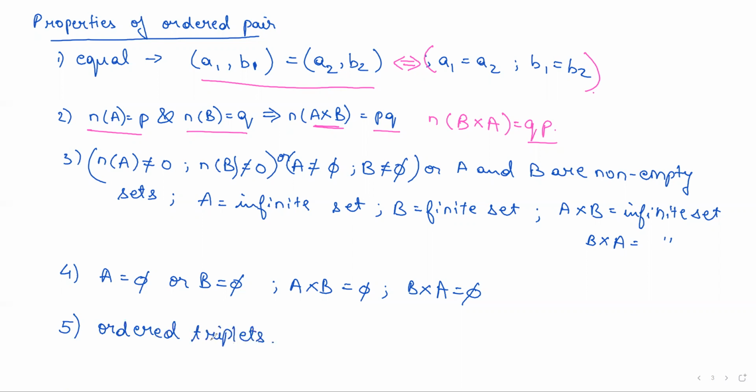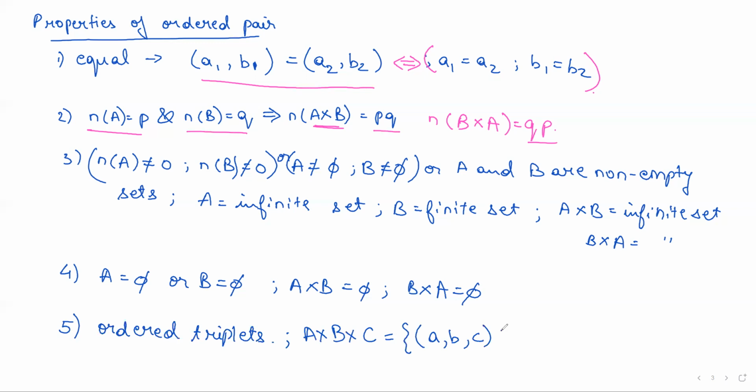We won't go further than triplets because that would be difficult to handle, and we'll know why after a while. I'll explain that. Anyways, so for ordered triplets you can write A cross B cross C. You're taking the Cartesian product of 3 sets A, B, and C, which is equal to, in ordered triplet form, (a, b, c).